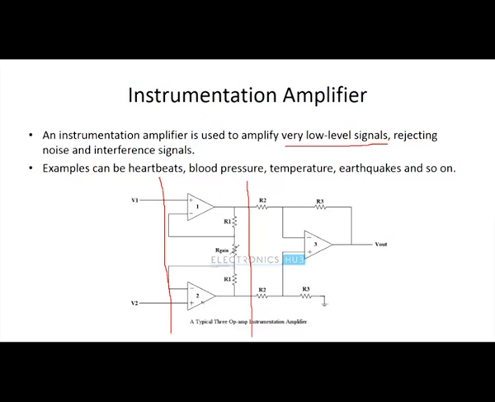Similarly for A2 also. For A2, if only V2 is given and V1 is not given, then this node feels the voltage given to the positive terminal, since these two nodes are virtually equal.